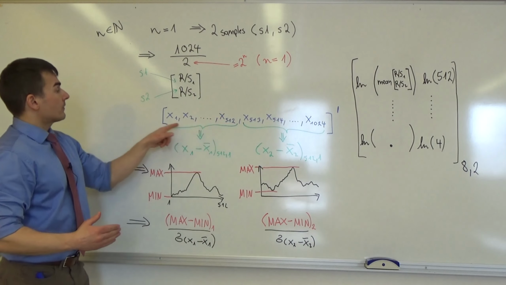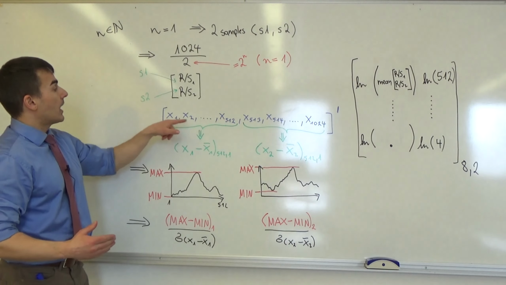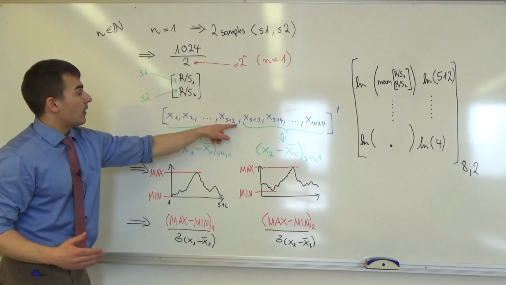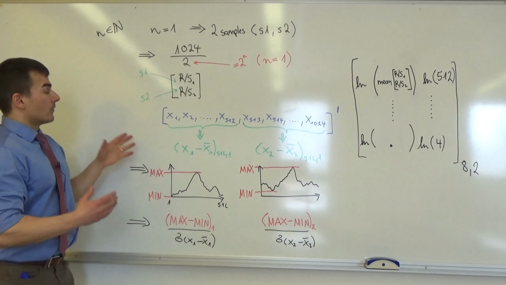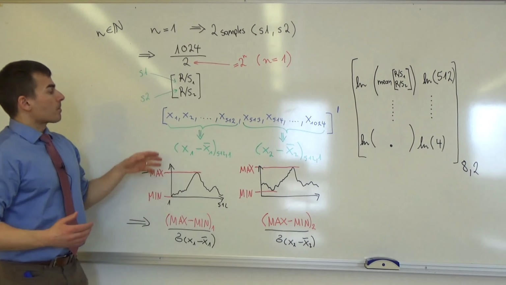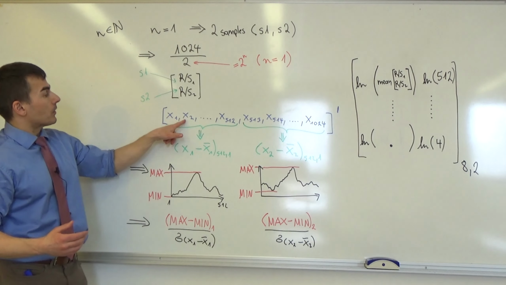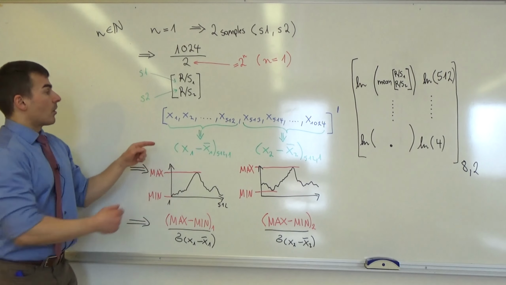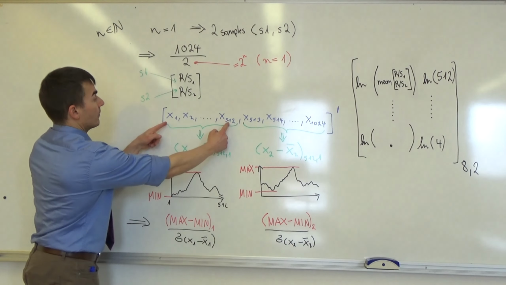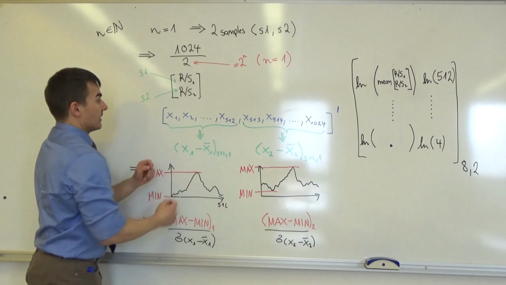We use the first 512 observations here, x1, 2, until 512. So this is our first subcluster here, the first observation subcluster. And we subtract from each single observation in our first cluster the corresponding mean of that data vector.